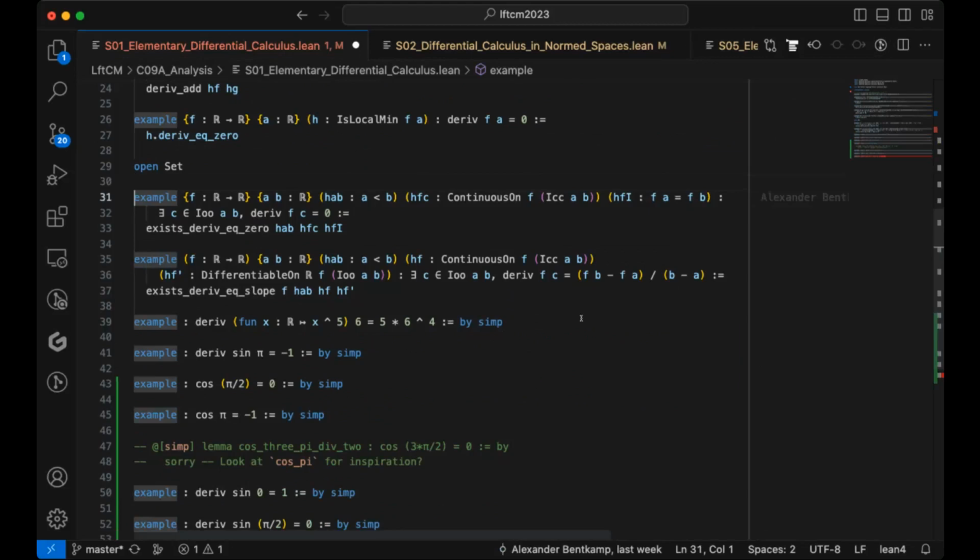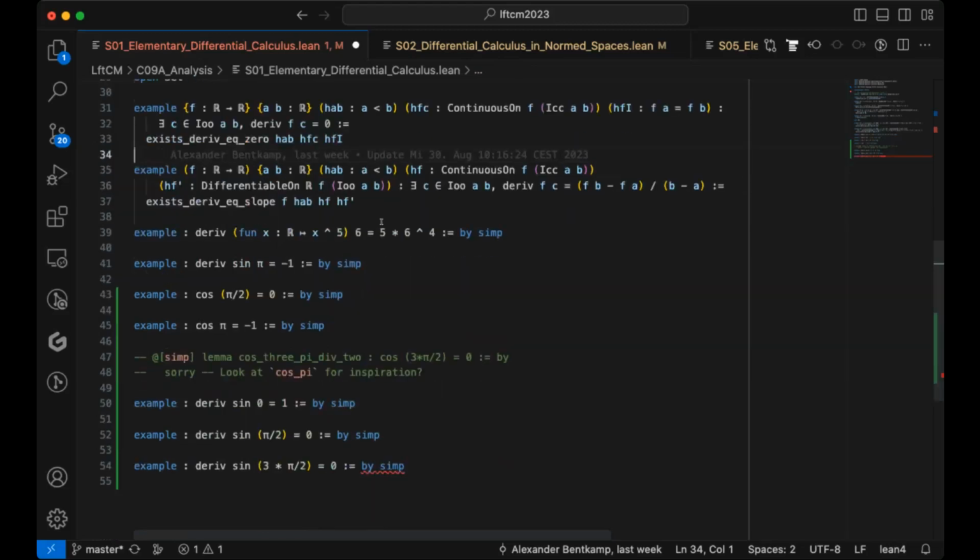We all learned when we're 18 or younger, if you're smarter than me, that if you have a continuous function on a closed interval and it takes the same value at both ends, then it has to turn somewhere. Again, we actually don't need to assume differentiability because the junk value is 0. You do need to assume continuity, obviously, because you could have a linear function except at the endpoint that just jumps down, and then the derivative will be 1 the whole way, or -1 or whatever.